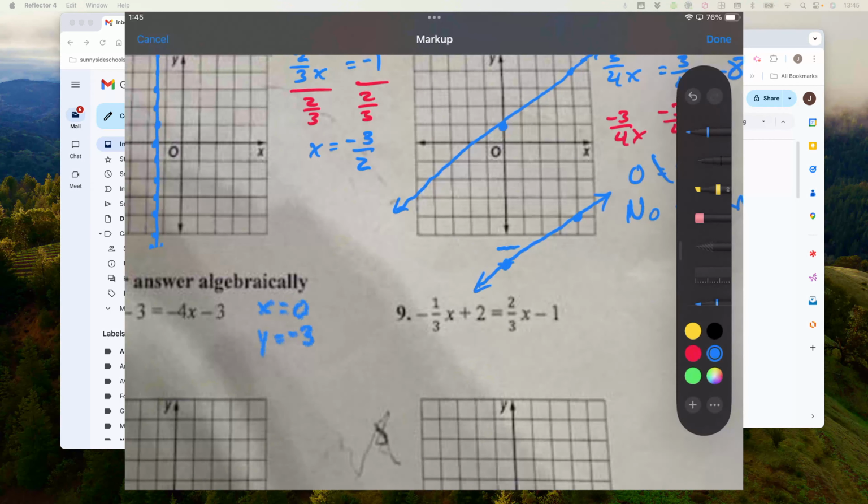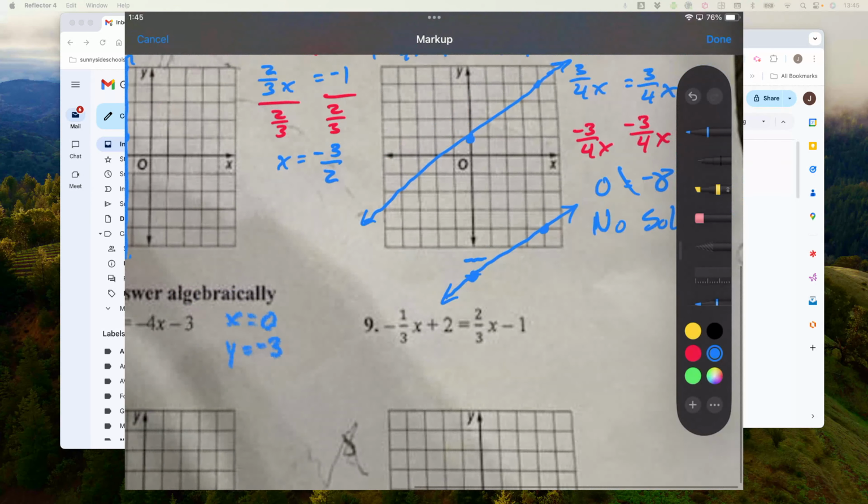And then solving this algebraically, the process would be to subtract 2. Negative 1/3 x is equal to 2/3 x minus 3. At this point we would add 2/3 x to both sides.